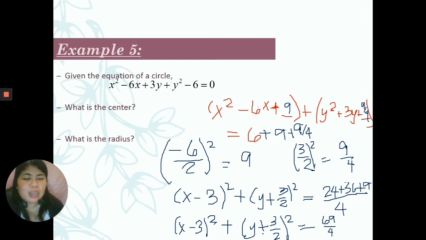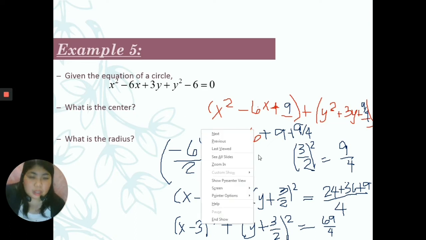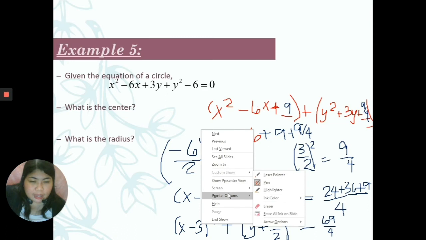Since we already have the standard form of the equation of the circle, we can now easily find the center and the radius of our circle. So what is now the center and the radius? Let's use green.